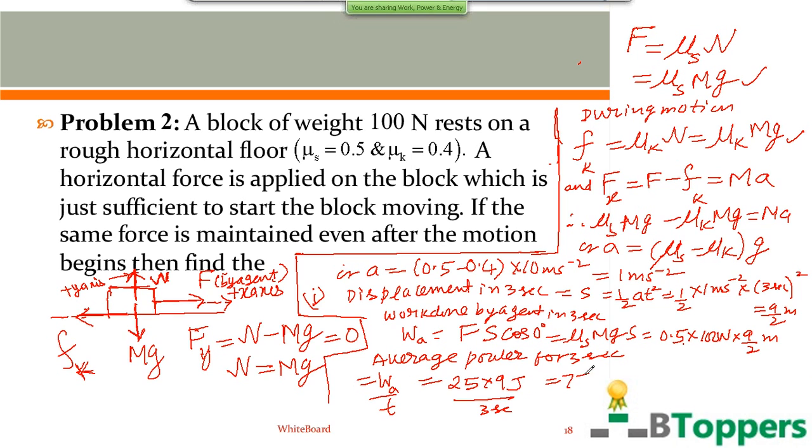So that comes out as 75 watts, which is the answer for the first part of the question. You can copy down the solution of the problem. In case you need some time to copy the solution, you can pause and take your own time. Next, I am going to discuss the second part of the question.